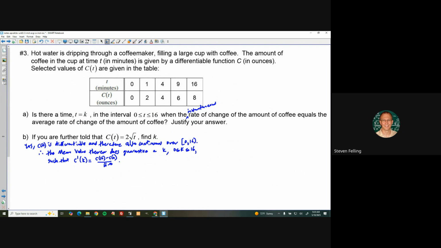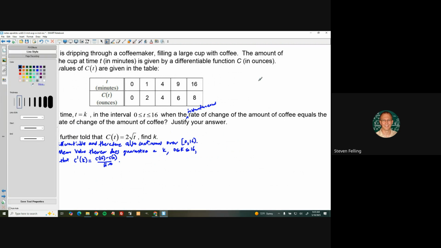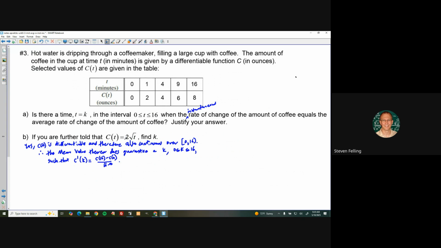And on the second part, if you're further told that the function c is 2 square root of t, find k. So for part B here, we could say, okay, so since c of t is 2t to the 1/2, that means that c prime of t is going to be equal to 2 times 1/2 t to the negative 1/2, which is, as before, 1 over the square root of t.